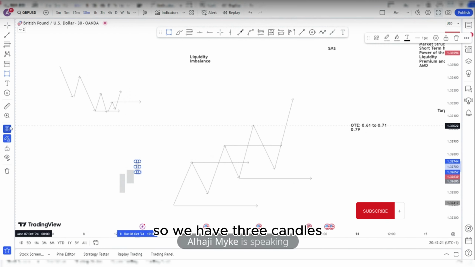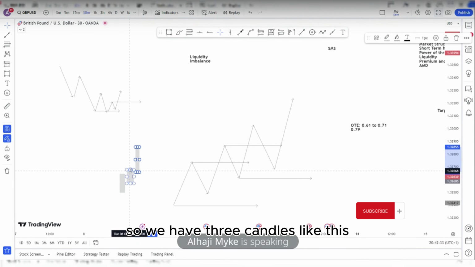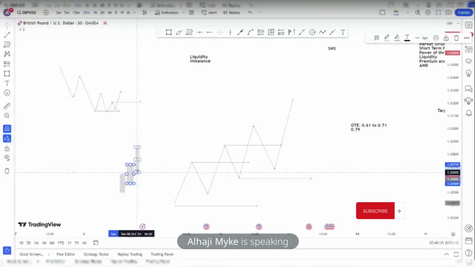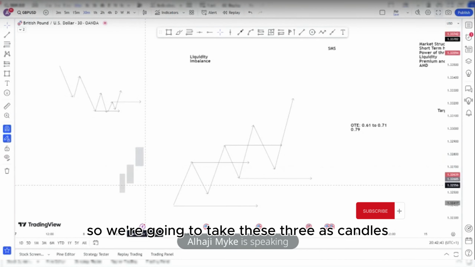All right, so we have three candles like this. Okay, so we're going to take these three as candles, for example.